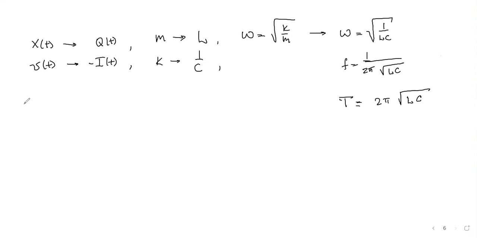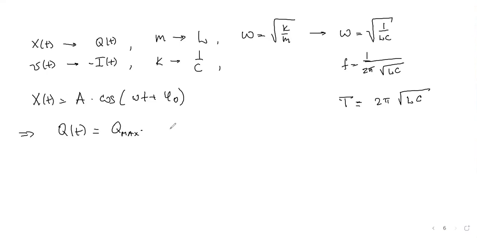So then if you write a solution, the solution usually looks like this: amplitude multiplied by cos of omega t plus phase shift. That was the solution for simple harmonic motion. So now we can say q as a function of time will be equal to some amplitude q max multiplied by cos omega t, whatever omega is.